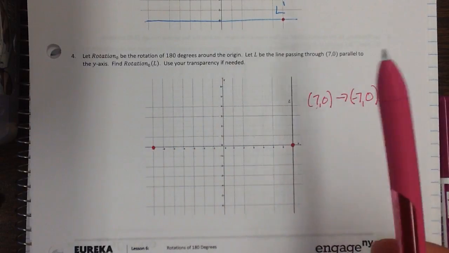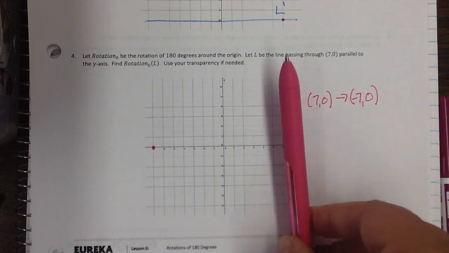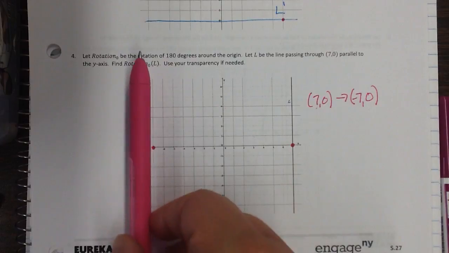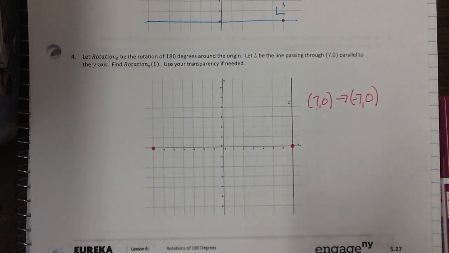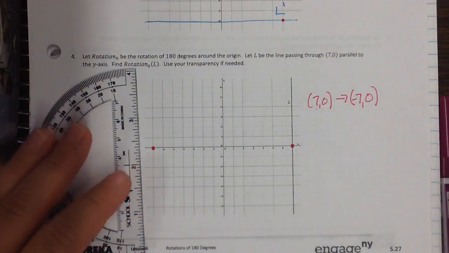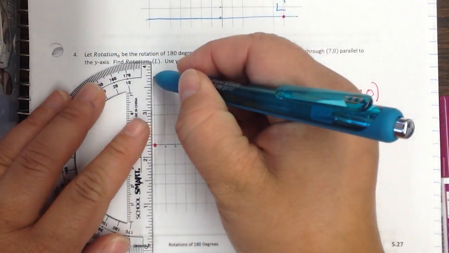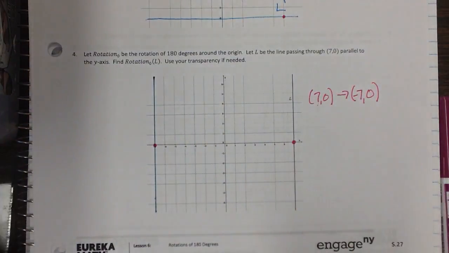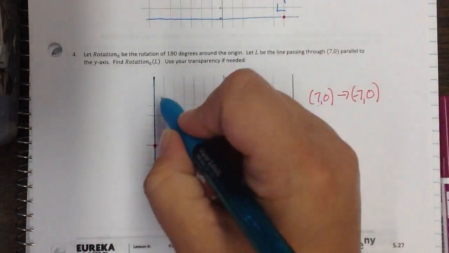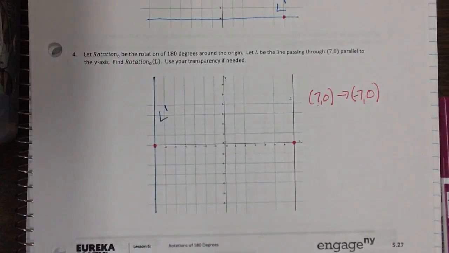So because it has to be parallel to those two, it's going to be a vertical line like that. So we would just draw a line through that point like this, and this would become L prime.